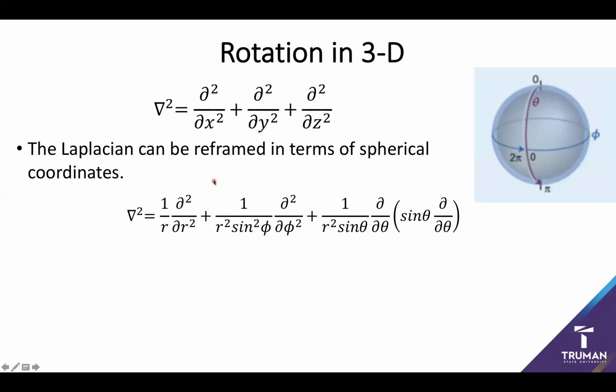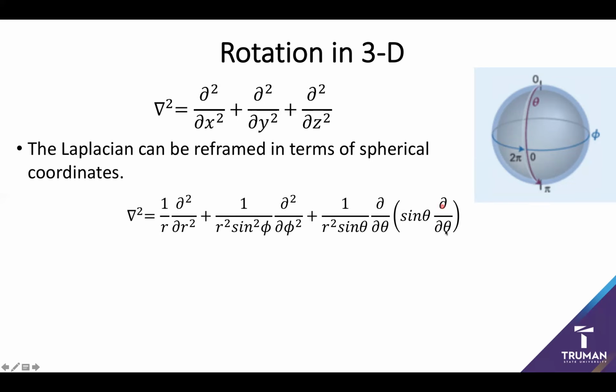So not too surprising, we can actually split up the derivatives into three sections. So the first part is going to be a derivative just with respect to r. So this is going to be a good old second derivative with a prefactor of 1 over r. The second term is going to be a second derivative with respect to phi. So this is again movement about the z-axis. And then the last one is going to be a kind of messier derivative with respect to theta.